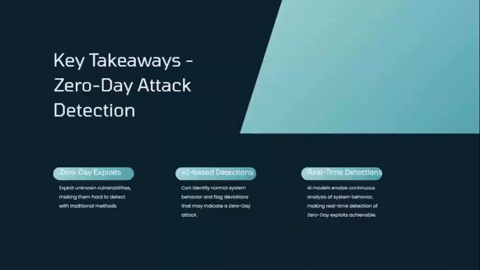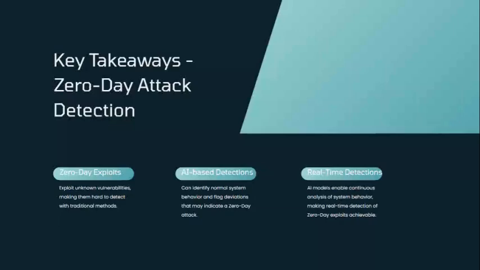And the key takeaways of this slide deck is basically a 0 day vulnerability is a flaw in software or hardware that is unknown to the vendor or security community, and attackers exploit this vulnerability before a fix is made available. 0 day attacks often exhibit unusual behavior.